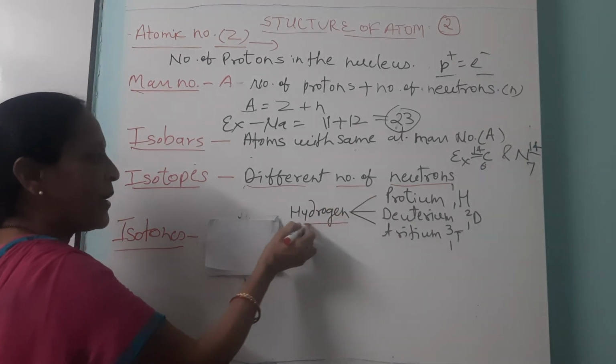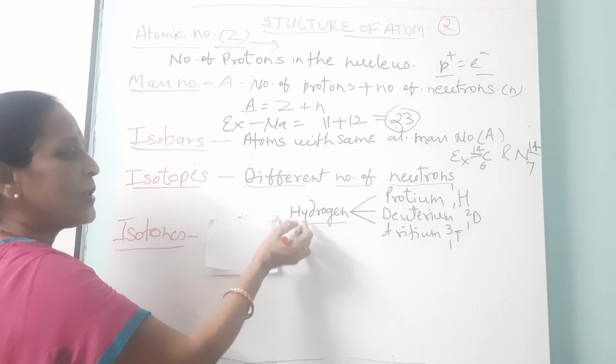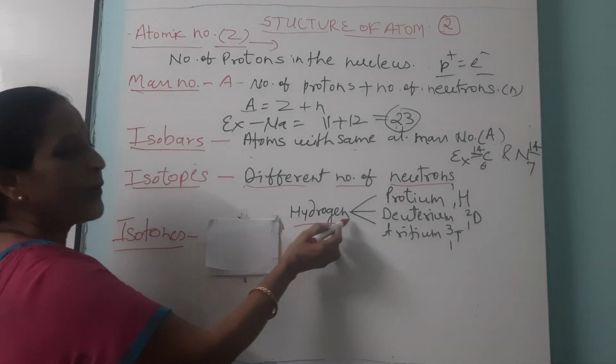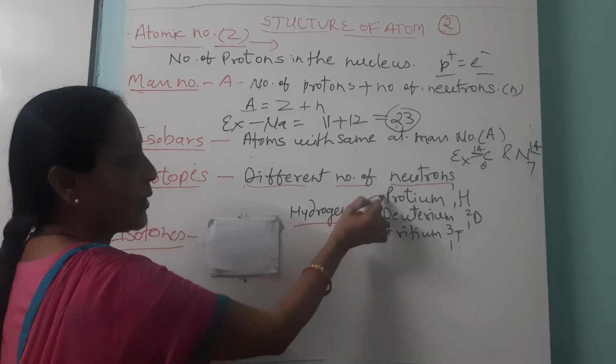Here I have written one example that you also know very well: for hydrogen there are 3 different isotopes. One is protium, deuterium.